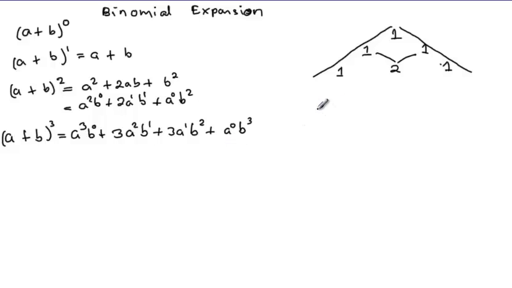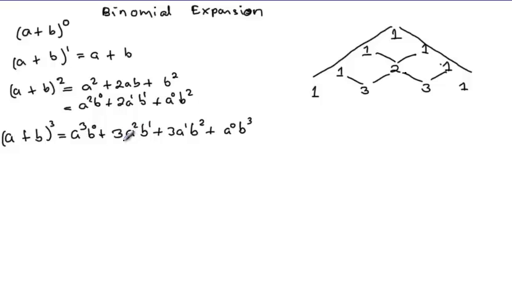Now if I focus on the coefficients again, here I will have 1, 3, 3, and 1, if you check that. But if you check what we've looked at here, this 1 and this 1 make 2, and this 1 and this 2 make 3.